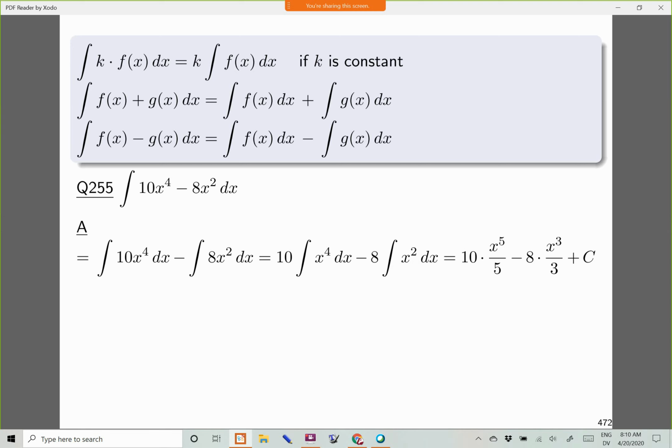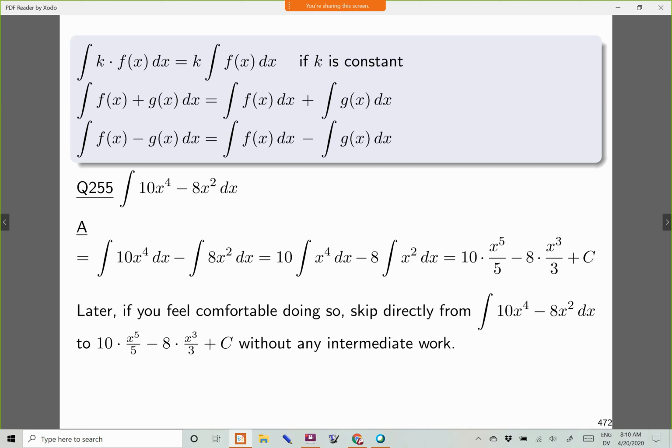I will make the following comment: if you feel comfortable doing so, these formulas, what's being shown in the last question and this question, go as step-by-step as possible through the processes. But sometimes, as people feel a little more comfortable, you might just feel like jumping directly from here to there without showing work. That'd be fine by me. But for now, I just wanted to clarify what the processes are that we went through today.